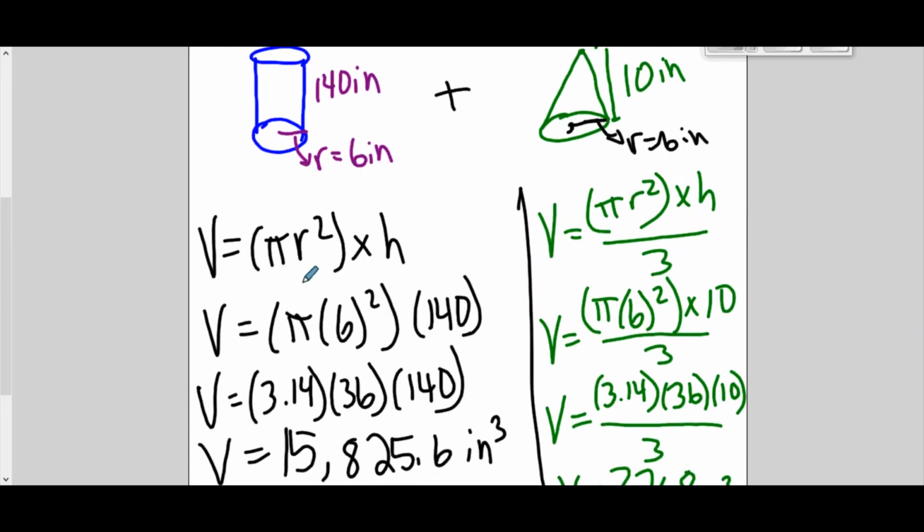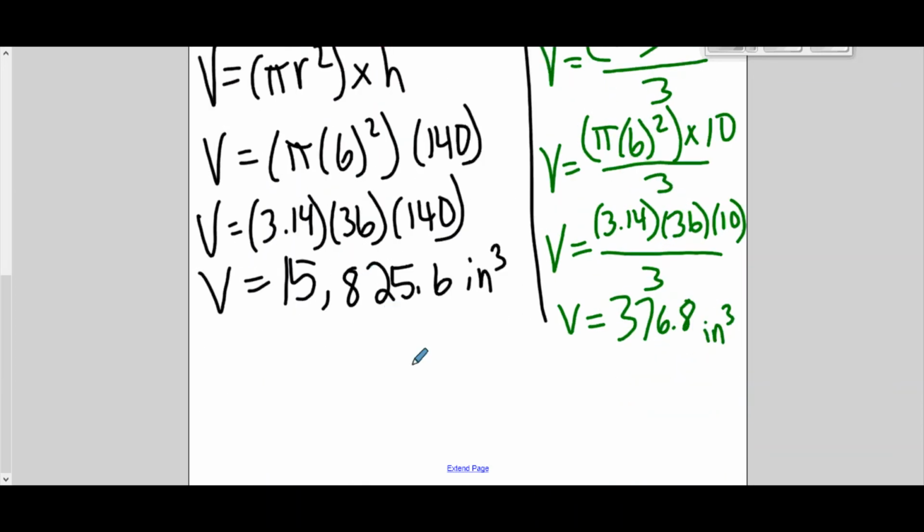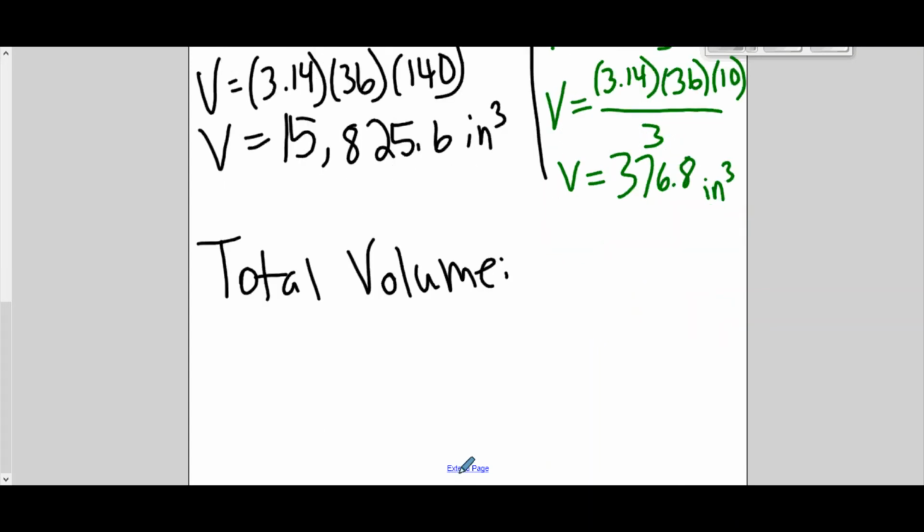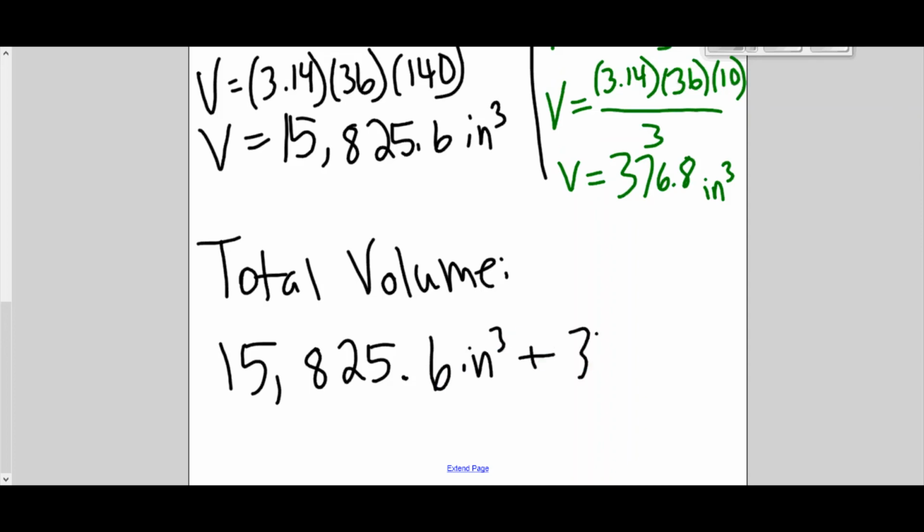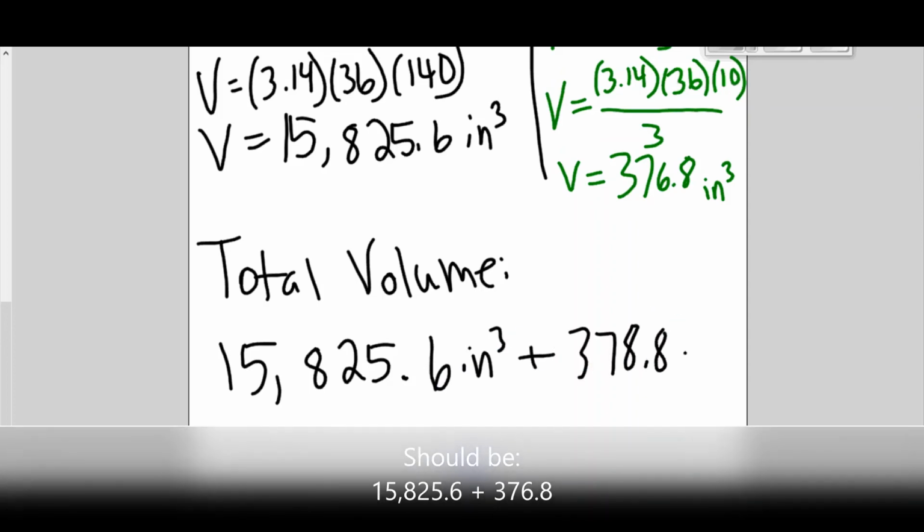Now, if I want the total volume, remember at the very end, I have to add up those two volumes together. So I'm going to do total volume. So the total volume is going to be 15,825.6 inches cubed plus 378.8 inches cubed.